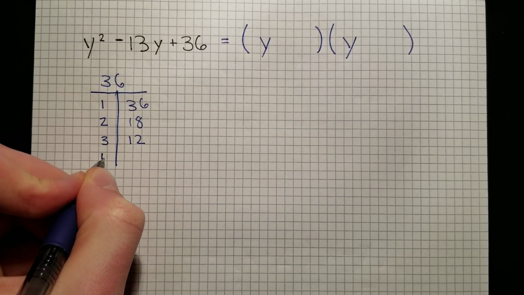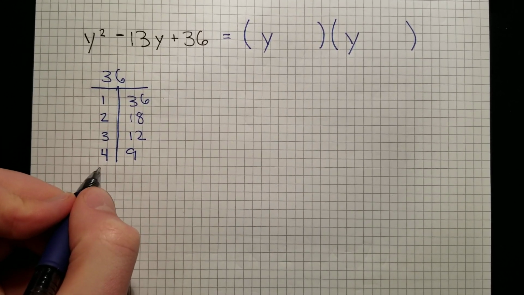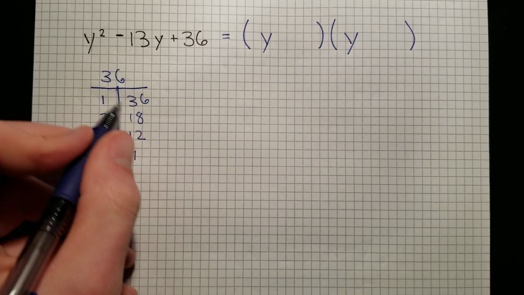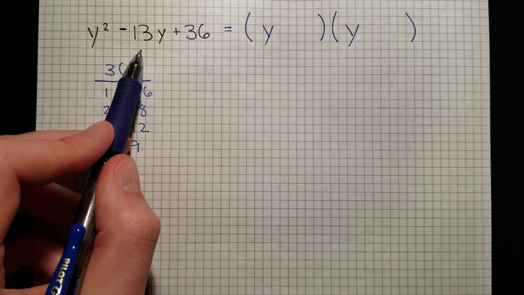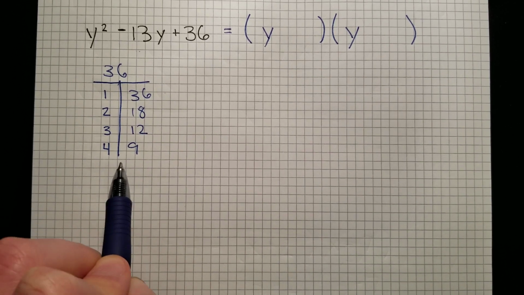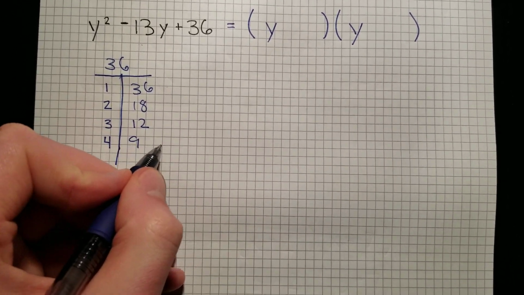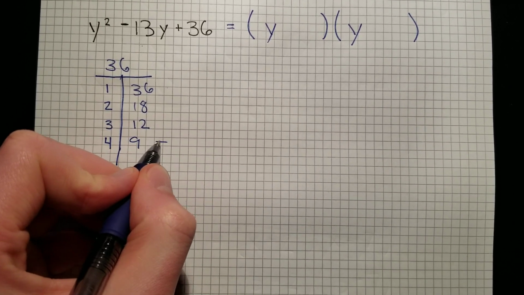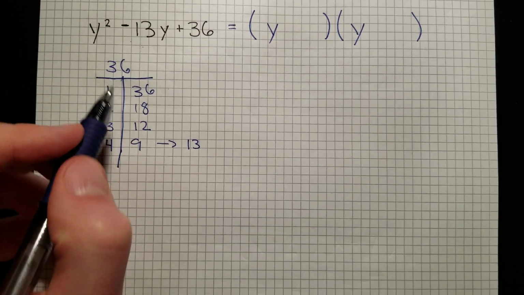Let's see. 4 times 9. So we have a bunch of factors. Do any of these add up to negative 13? Well, none of them add up to negative 13 just yet. But we may notice if you added up those two together, that would be positive 13, which is not what we want. We want negative 13.